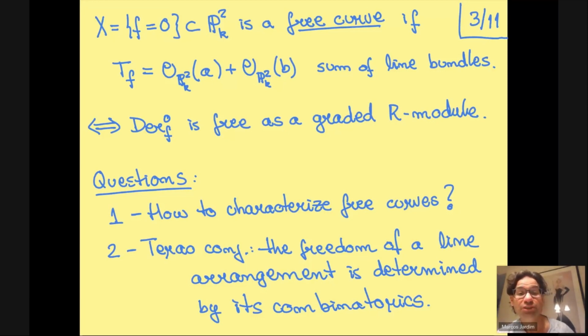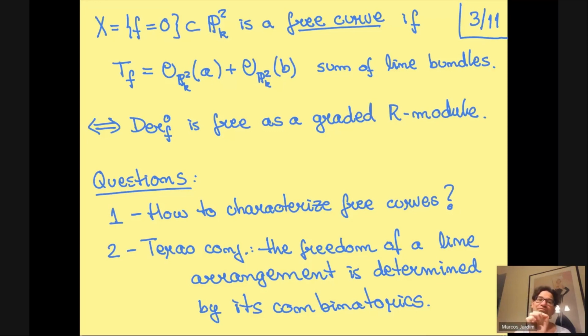And in particular, there is this important conjecture by Terao that says that the freedom of a line arrangement is determined by its combinatorics. So what do I mean by that? A line arrangement you can think of as a plane curve. So it's the case where this F is just a product of polynomials of degree 1.